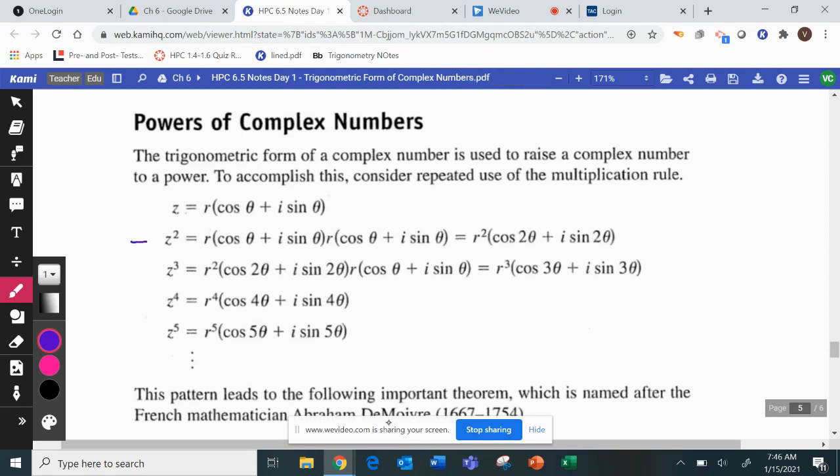So z squared would be z times z, which we'll treat as the multiplication formula, and so we get this answer right here. For z to the third, we will take the z to the second answer and multiply it by one more z. And then just following that pattern, we can find any power.